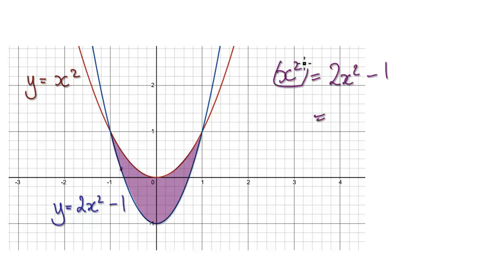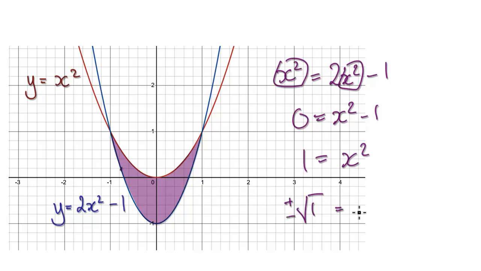So take away x squared from both sides. So that would then be x squared minus 1 equals 0. Add 1 and then square root. When you square root, you get the positive version and the negative version. So it is correct from -1 to 1.